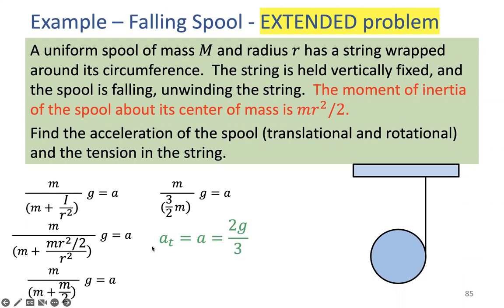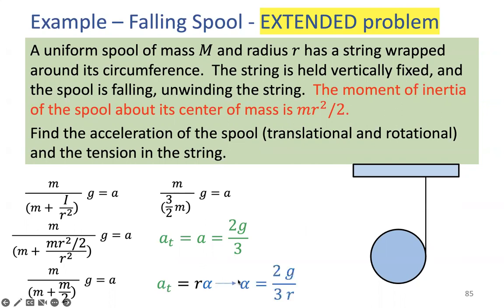Acceleration A, if you want to call it a linear or tangential acceleration, is equal to 2g divided by 3. Mass cancels out. 2 times 9.81 divided by 3, you have a final number, if the longer problem asks you to find the tangential acceleration. Next, tangential acceleration, or the linear acceleration, was equal to radius times alpha.